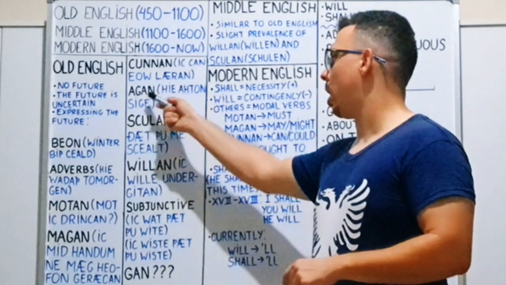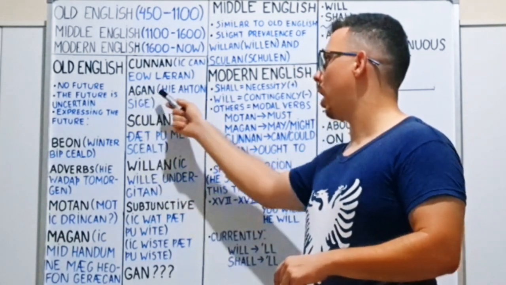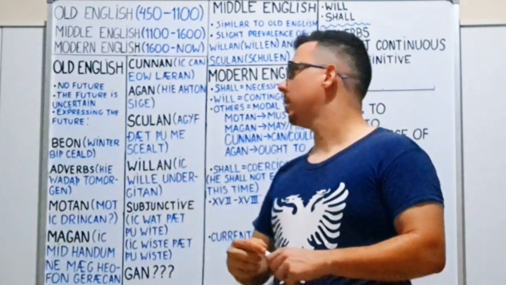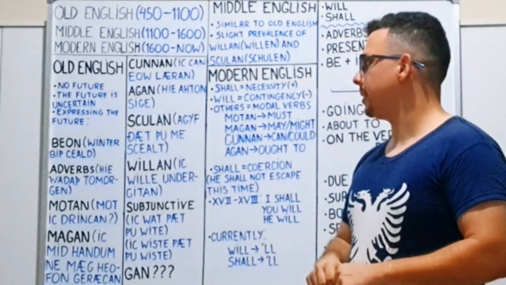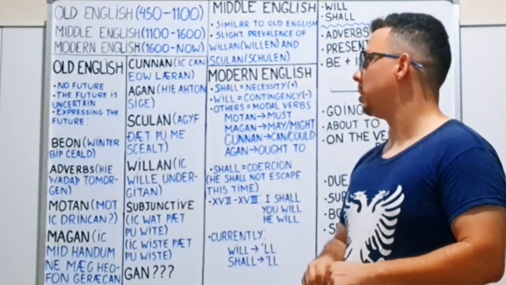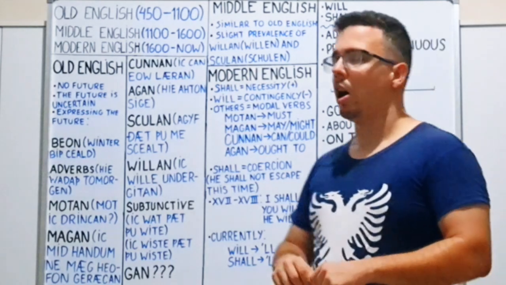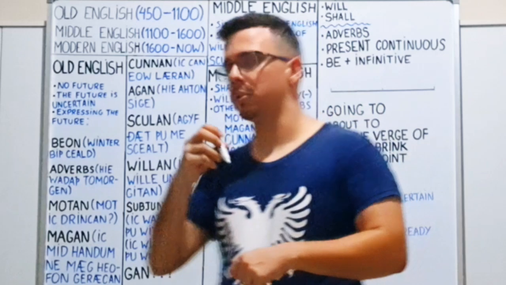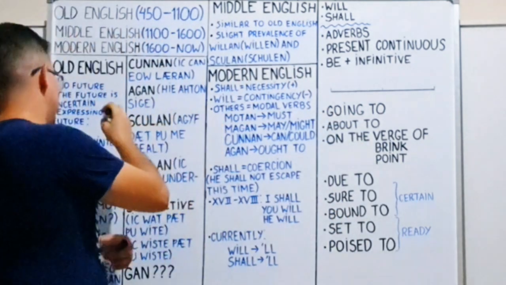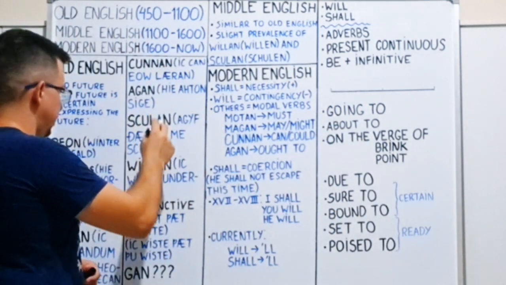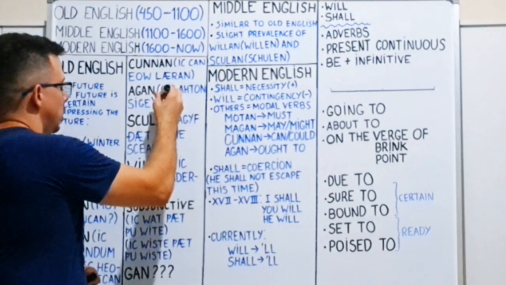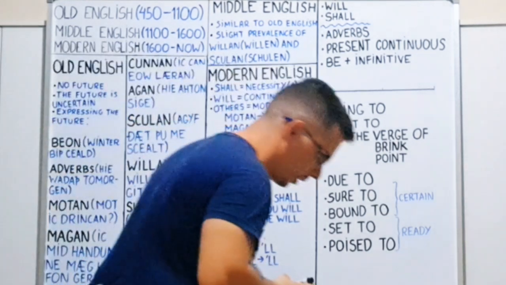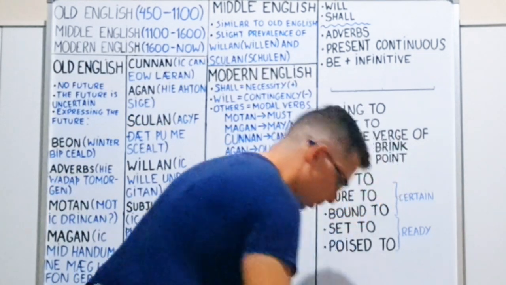And then we have argon. And that word is the ancestor of our modern ought to, right? This one right here. Let me show you. No, not working. Let me use this one.